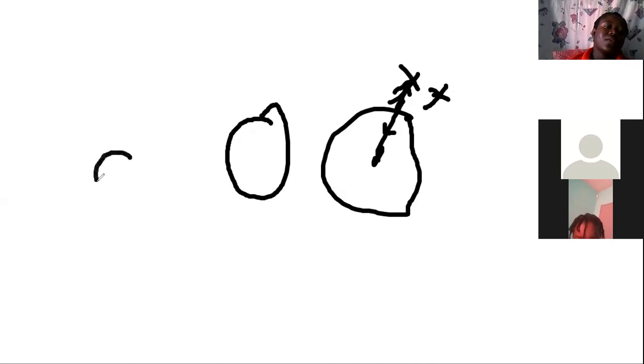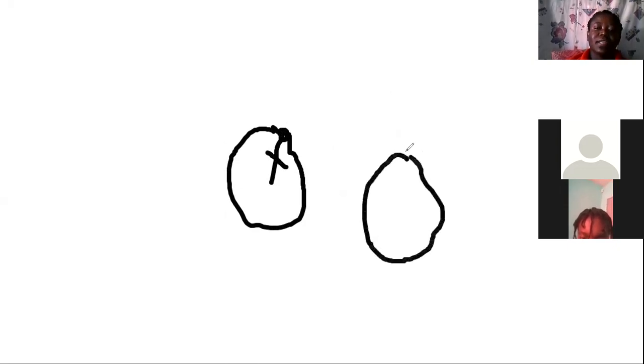Now let's see what happens if the object was moving in a circular motion. This is the object attached to a spring. What happens if this spring just breaks?